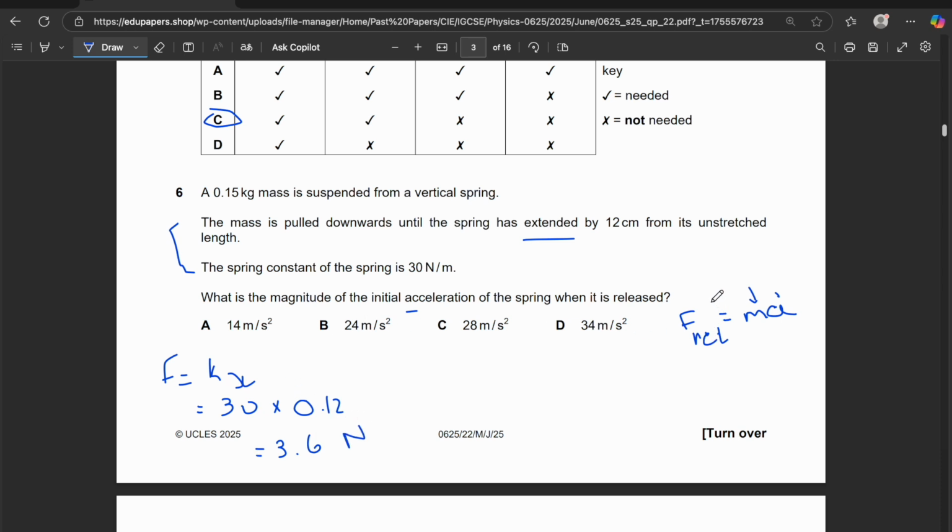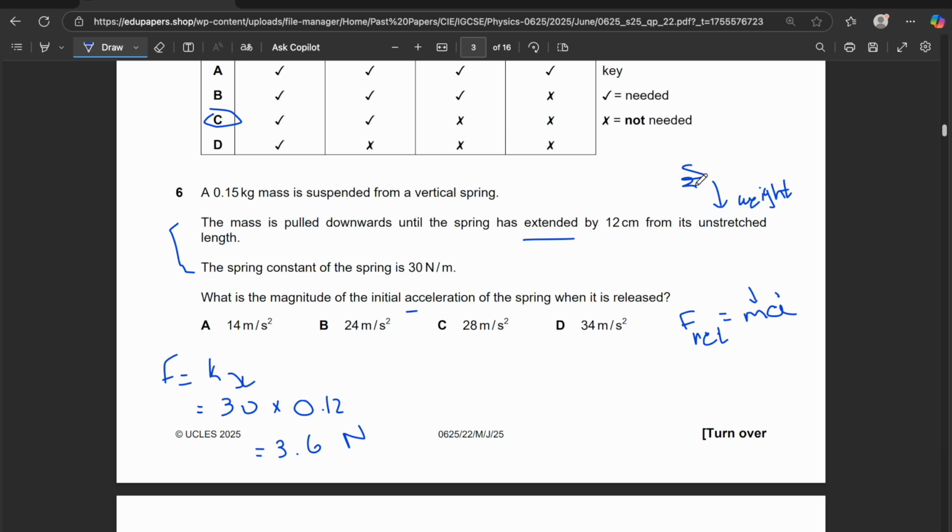When we think about resultant force, we have to consider all the forces acting on the spring. So we have the downward force, which is going to be its weight, and this force. We need to consider the direction of this force.